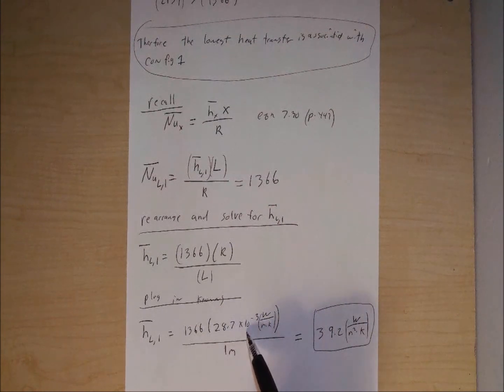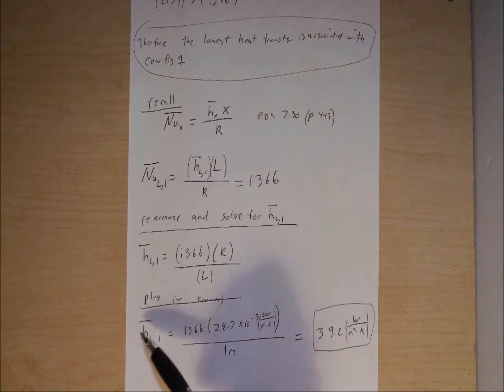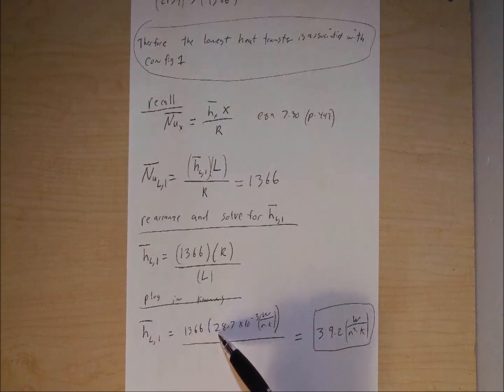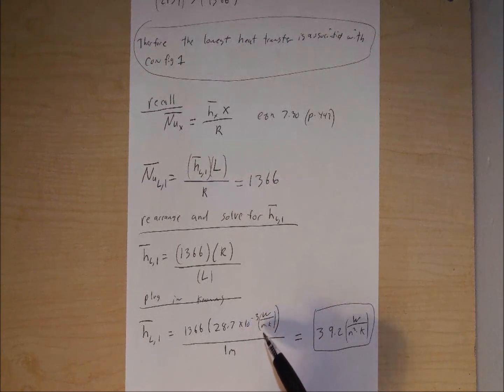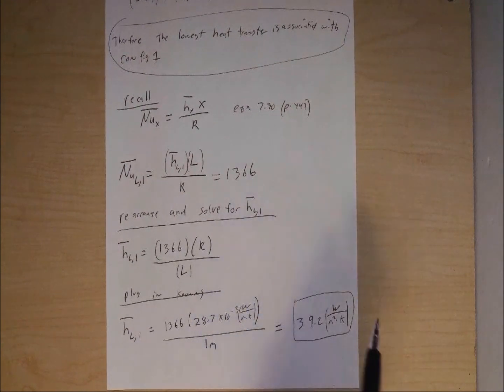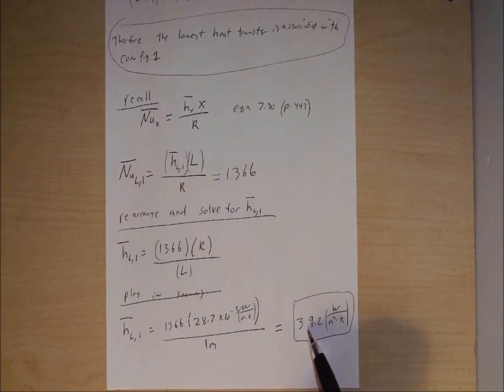So average h_L,1 is equal to our 1366 that we found on the previous page for our Nusselt number, times our k value of 28.7 times 10 to the negative third in units of watts per meter Kelvin, all divided by our L, which is 1 meter. Pay attention to our unit analysis. We get an average h_L,1 equal to 39.2 watts per meter squared Kelvin. Those are the units we'd expect. So this is our value now for h.